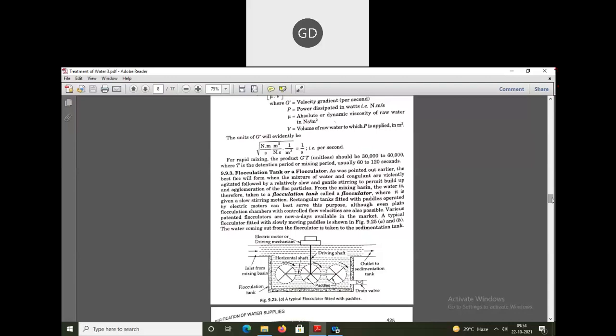That means the mixture of the water and the chemical coagulant is mixed violently, and then a slow and gentle stirring is given so that there is agglomeration of the flock particles, and as a result the flock is formed. This is the main work of the flocculation tank.